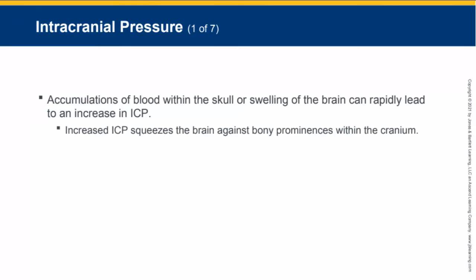So what is going to happen is the blood vessels in the brain that feed the brain are going to open up to get more blood going to that area. Now, if the brain is already swelling and there is bleeding occurring in the brain, that's just going to make it worse. So again, ICP is very bad for the patient because how the body compensates for it actually makes it worse. So a trauma patient who has elevated ICP is in serious trouble.